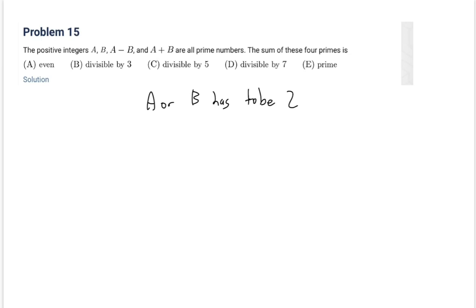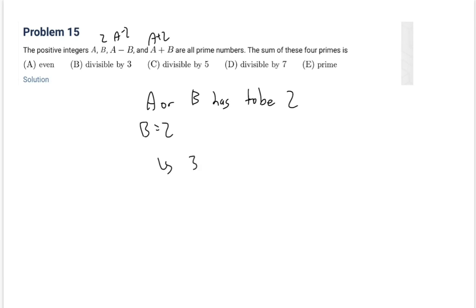So if A is 2, then the only thing we can have for A minus B to be a positive number is B equals 1, but that's not possible since 1 is not a prime number. So A is not 2, so we've got that B equals 2. So if B is 2, then A minus 2 and A plus 2 all have to be prime numbers.